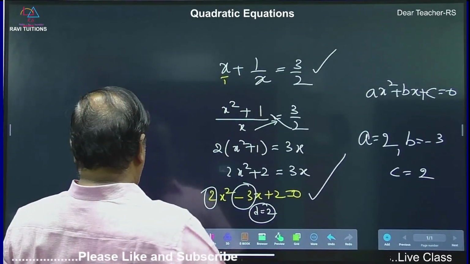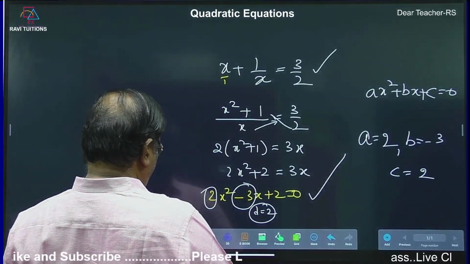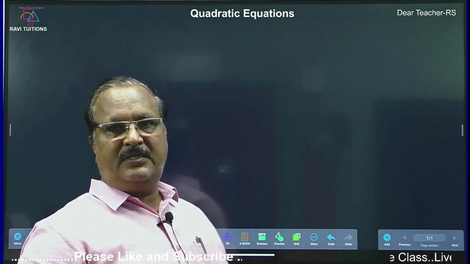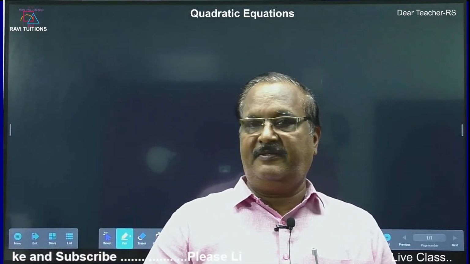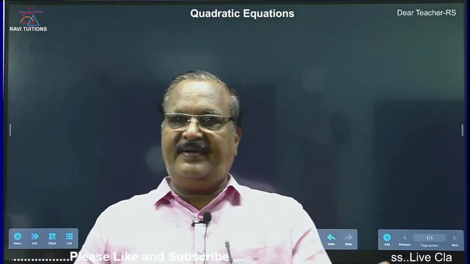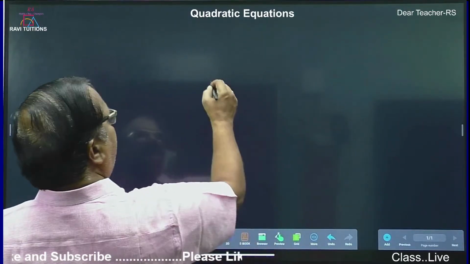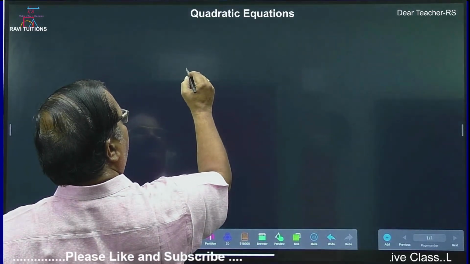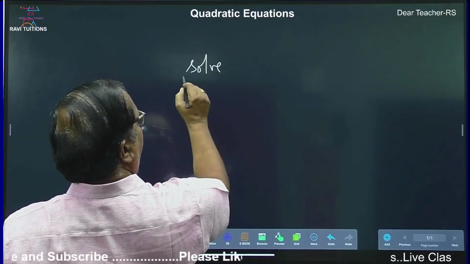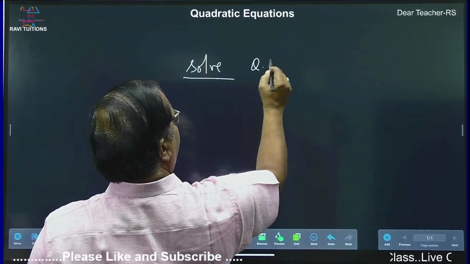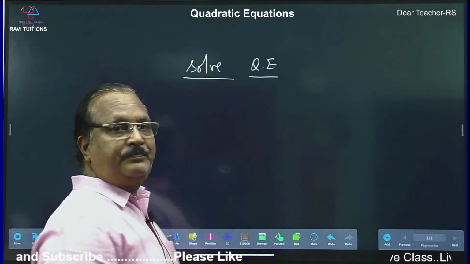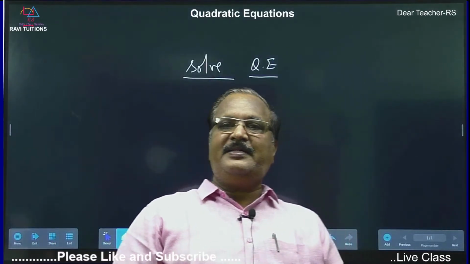Okay. So now let us learn a few more things about the quadratic equation. So we have identified it, and then what is very simple to find? Solve the quadratic equation. I will write QE, QE means quadratic equation.